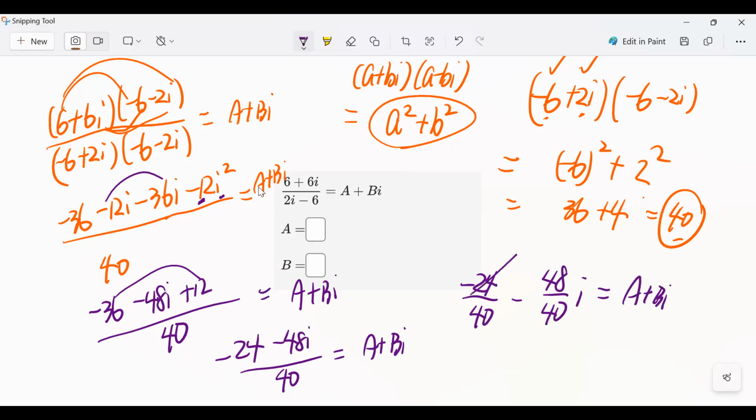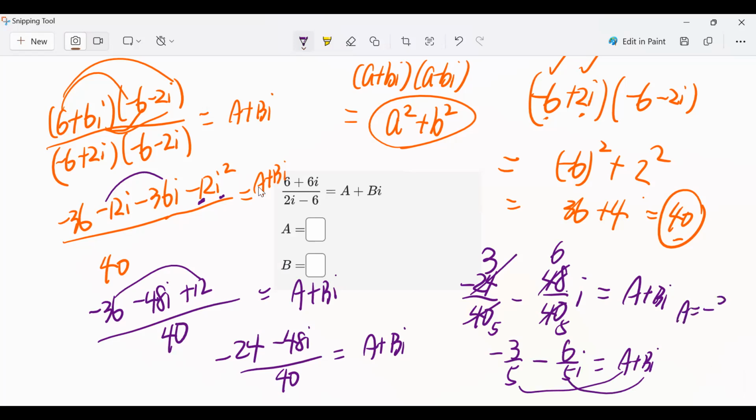Reduce it. Both of these can be reduced by 8: 3 over 5, minus 3/5. And the other one reduced by 8 is 6 over 5, minus 6 over 5. Now A is -3/5, B is -6/5. So A equals minus 3/5 and B equals minus 6 over 5.